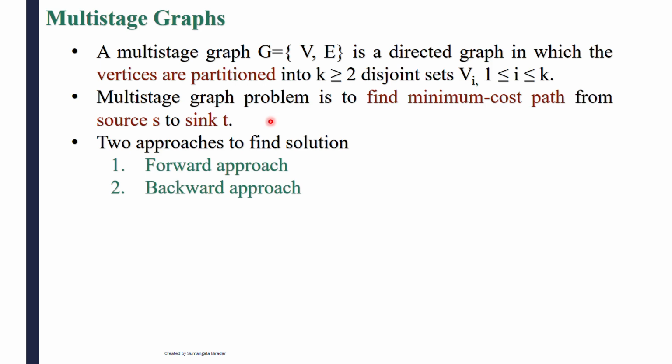Directly getting the solution is a little bit complex. So to reduce that complexity, first they divide the graph into multiple stages, and on each stage they get the solution. Those solutions they store as a record, as in dynamic programming.